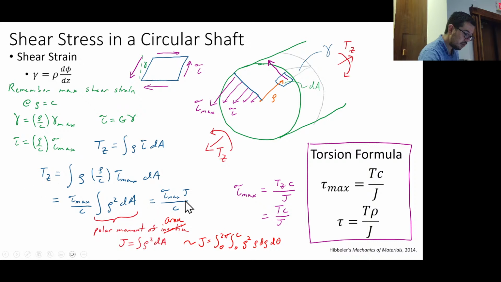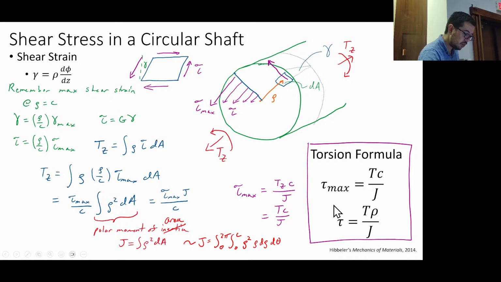So we have tau max equals TC over J. And this equation, since we live in New Jersey, this is TC and J. That's how I remember this one. So if you ever need the shear stress, just go to our friends at the College of New Jersey, and they'll give it to you.